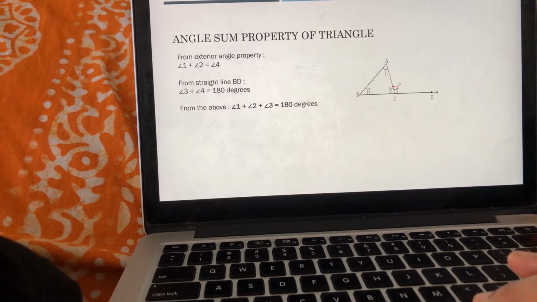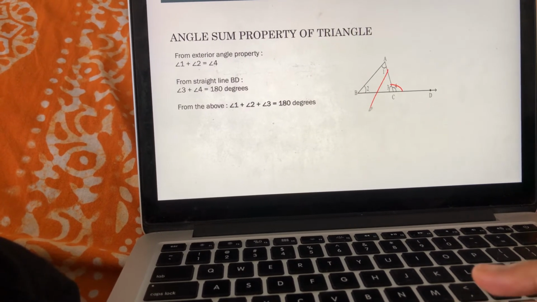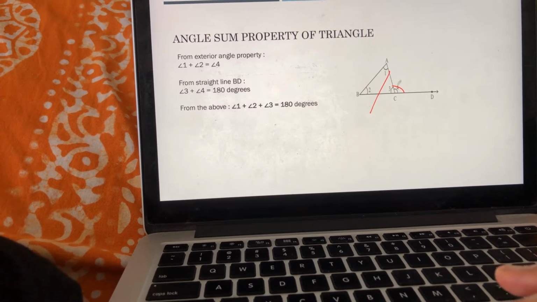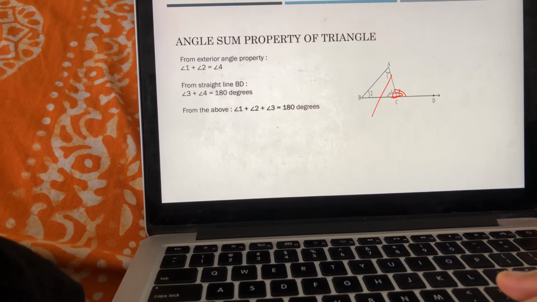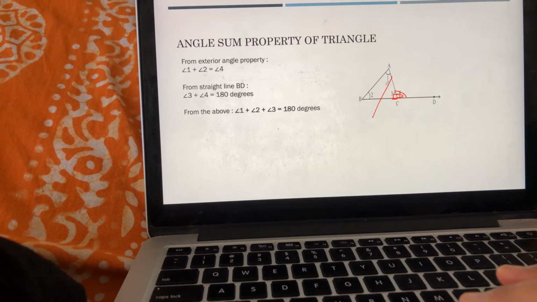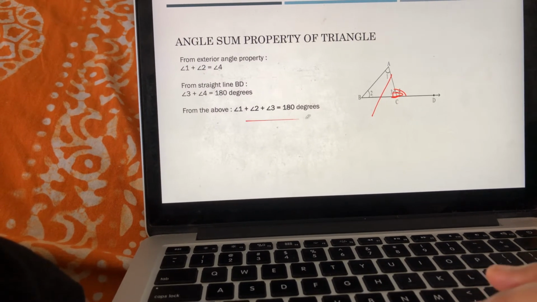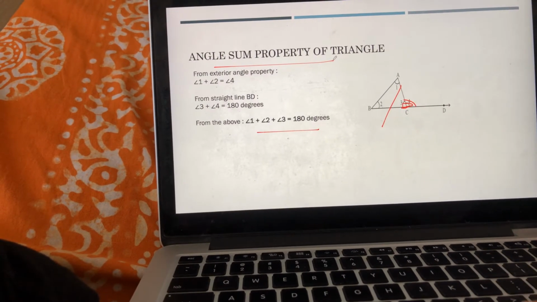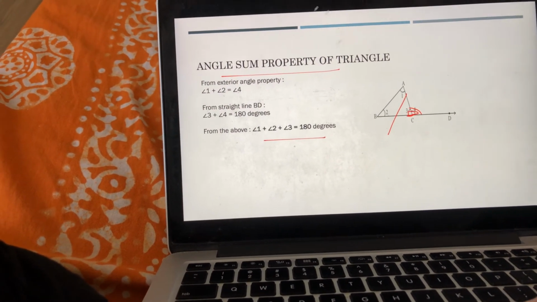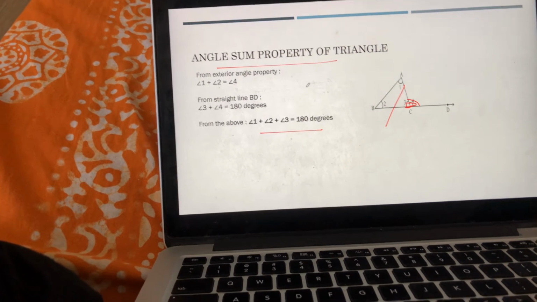So this is the exterior angle and these two are the interior angles. So 1 plus 2 is equal to 4. 3 plus 4 is equal to 180 degrees. But 4 is nothing but these two. So 3 plus 1 plus 2 is equal to 180 degrees, which is nothing but the angle sum property. So it can be proven in two ways, but this is the proof that you will have to learn.